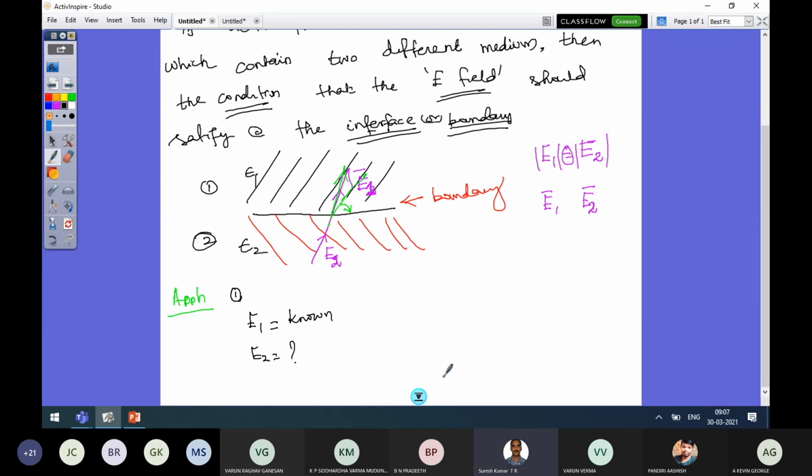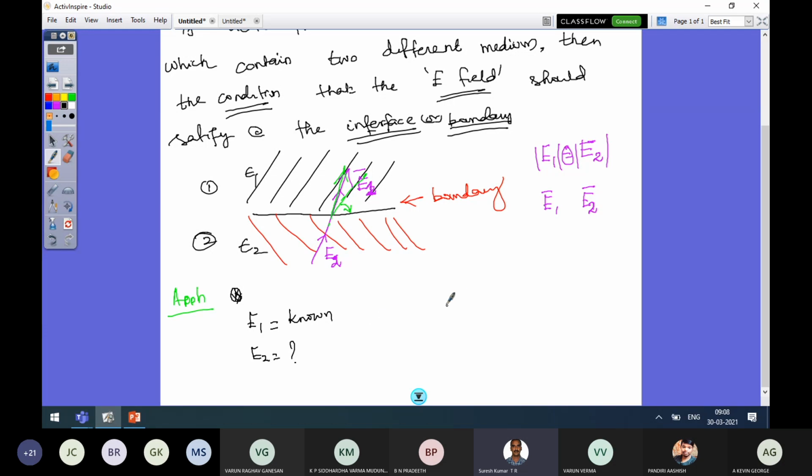Okay, then I think we can take it as a major application. This is more important in the computation field called computational electromagnetics, where we know only the source, or we know only the field at some certain region, and we want to calculate the field at the other region. To calculate that, we have to apply the boundary condition.